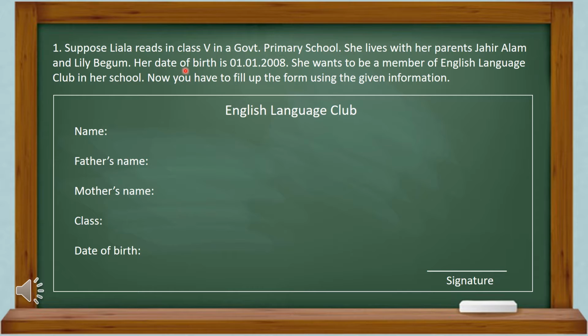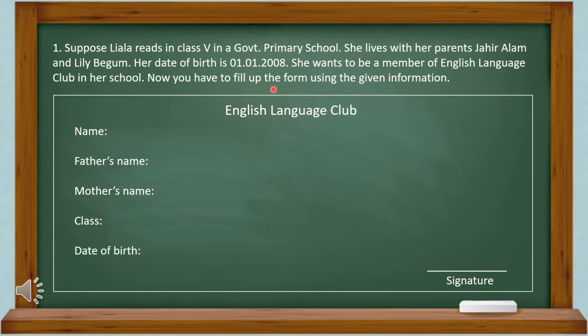Her date of birth is 1/1/2008, that means 1st January 2008. She wants to be a member of the English language club in her school. Now you have to fill up the form using the given information.